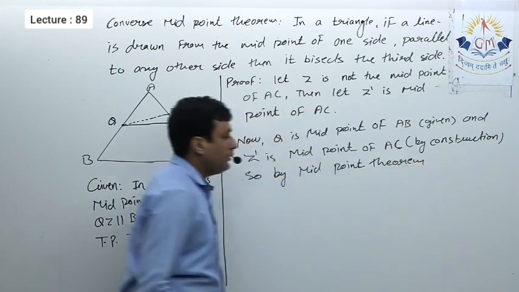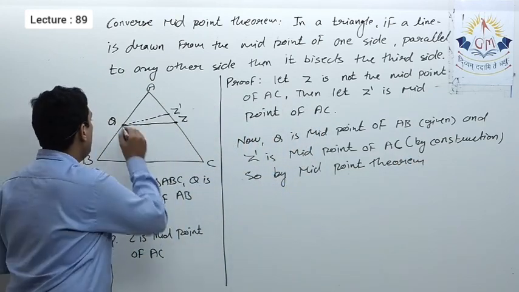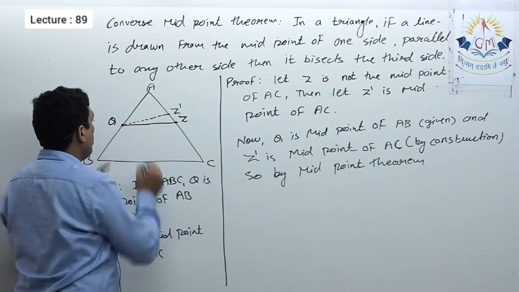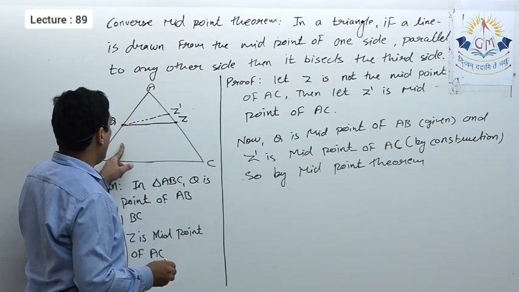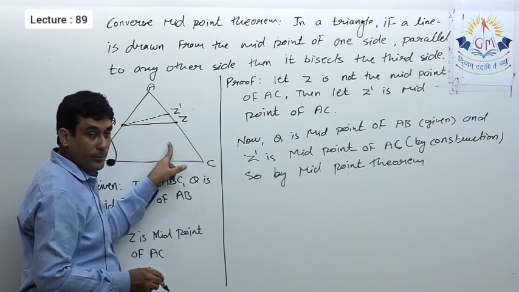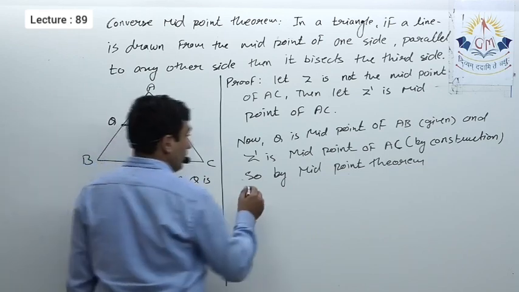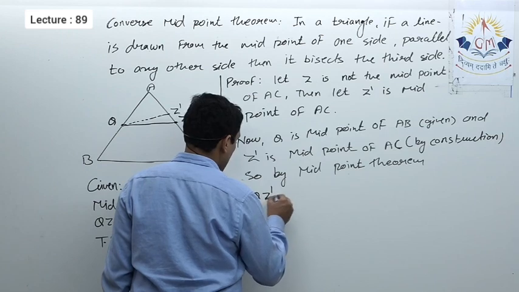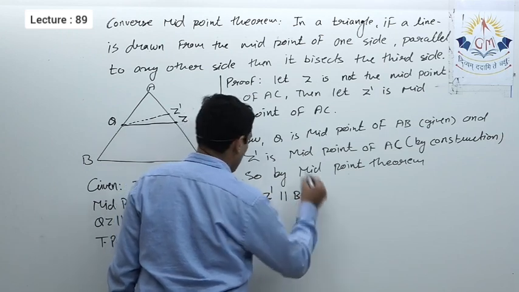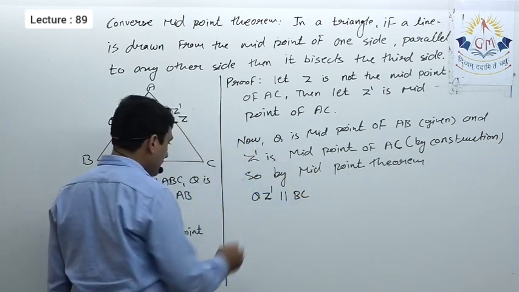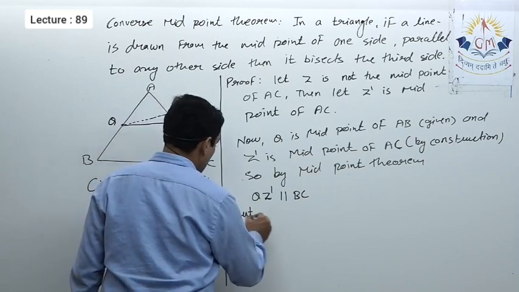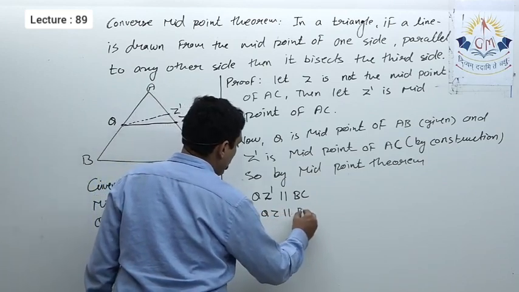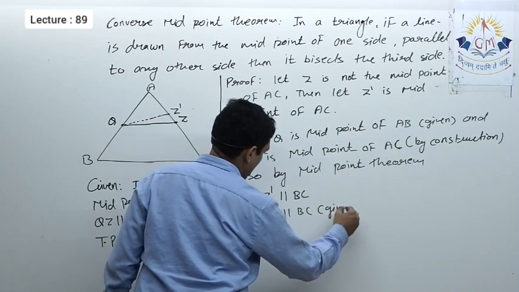What does the midpoint theorem say? That a line segment joining the midpoints of two sides is parallel to the third side. Here Q is the midpoint of AB, Z dash is the midpoint of AC, so QZ dash is parallel to BC. But QZ is parallel to BC, given.